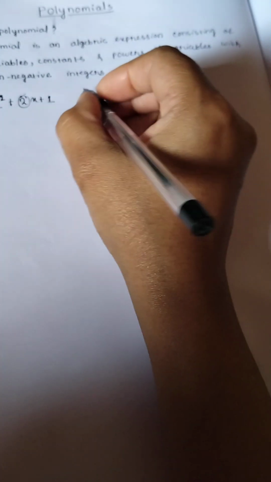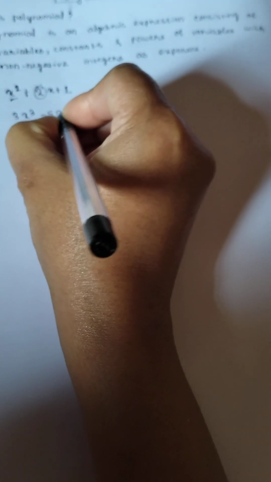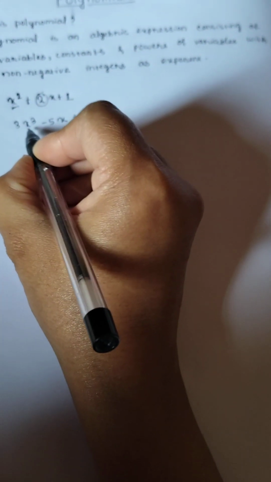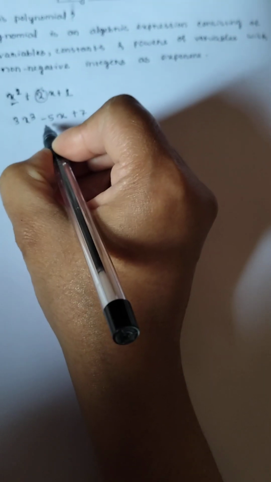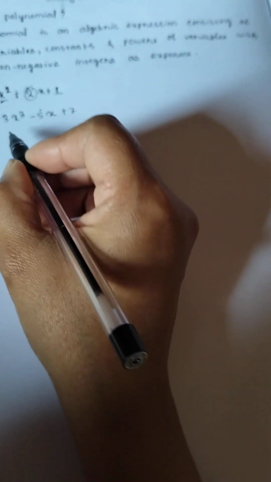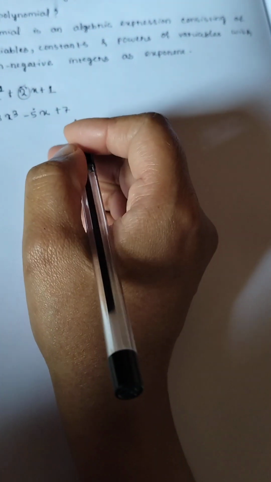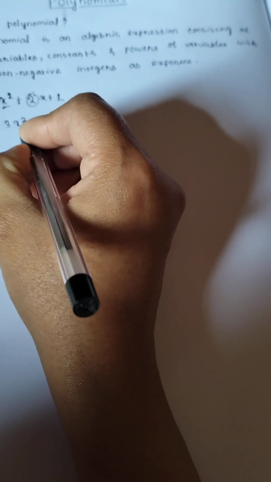Like for an example, 3x cube minus 5x plus 7. Here this is the polynomial with the power 3 and the constants are 5 and 7. And the power of this polynomial is 3.